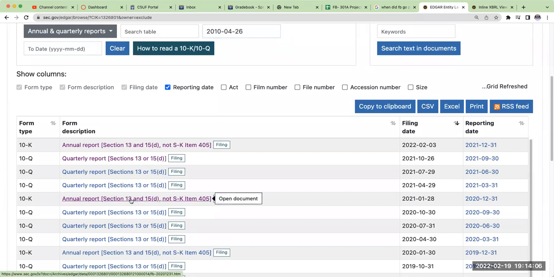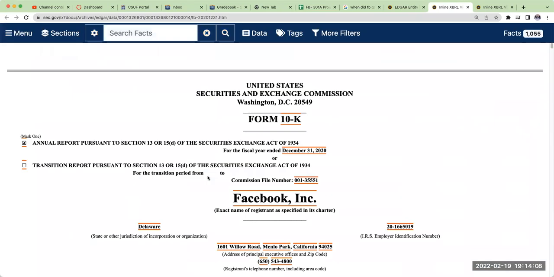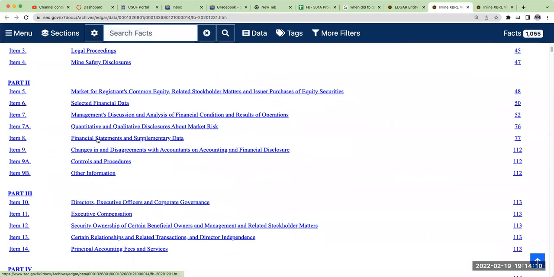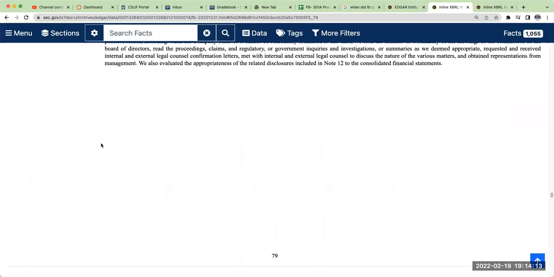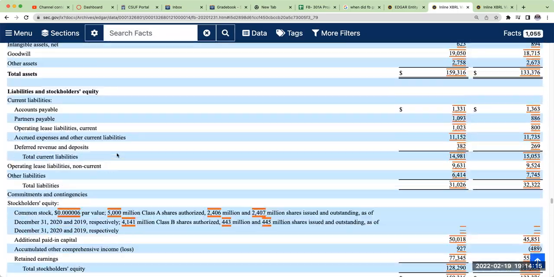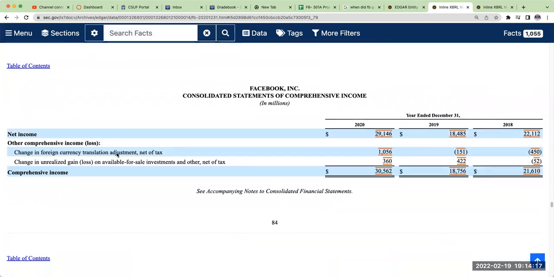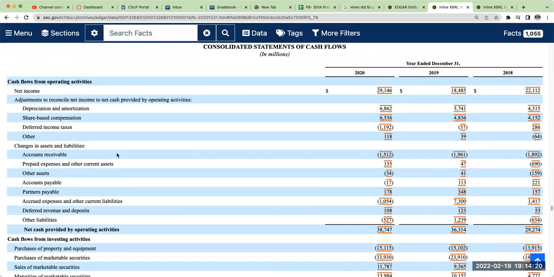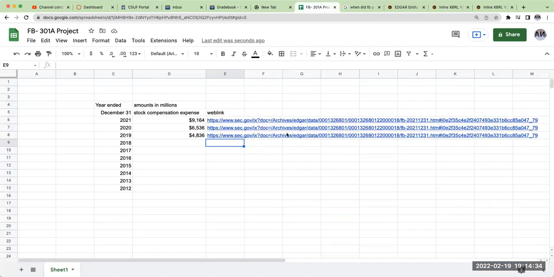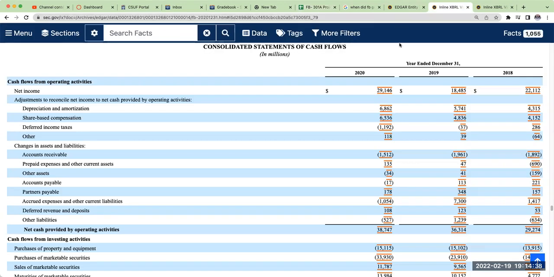If I look at the one filed in 2021 and come down to item 8, when I go to the cash flows, share-based compensation is 6.5 billion, 4.8 billion, and then 4,152 million.